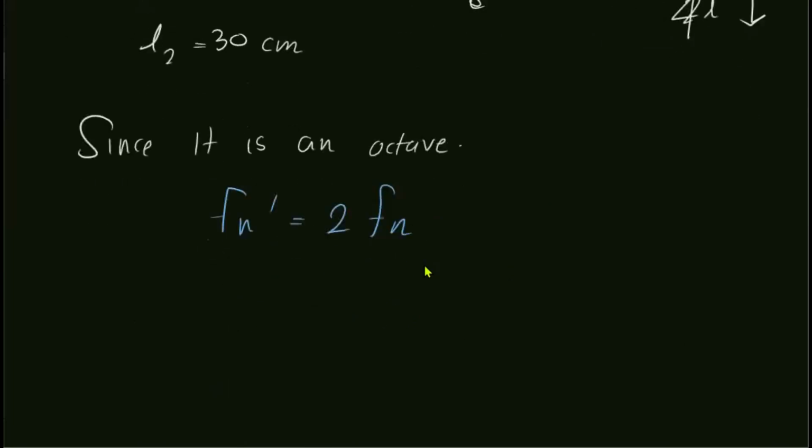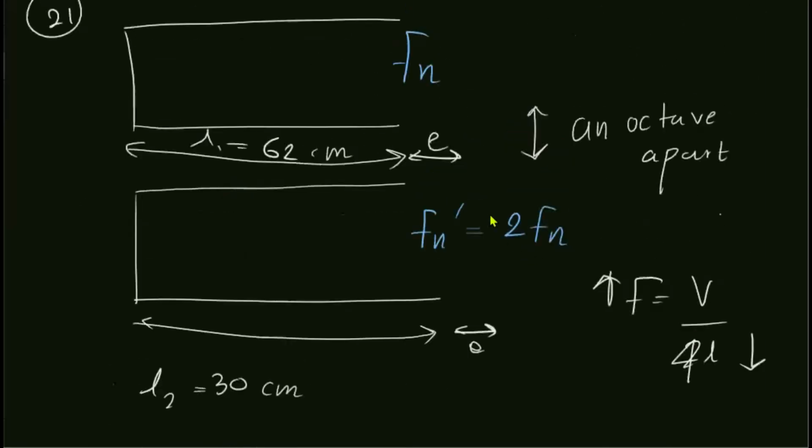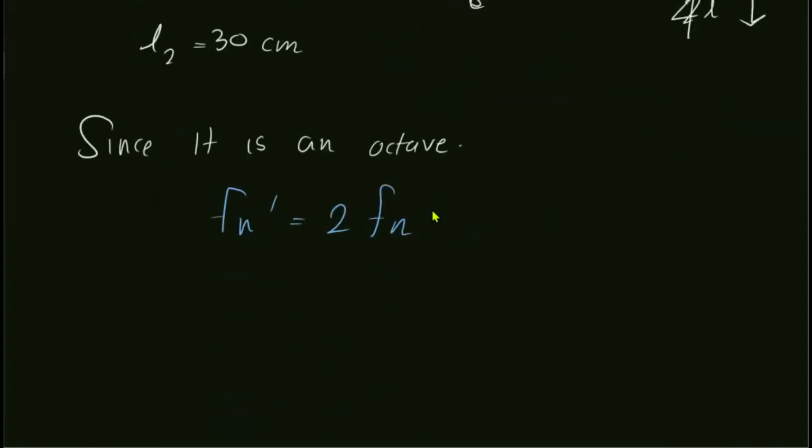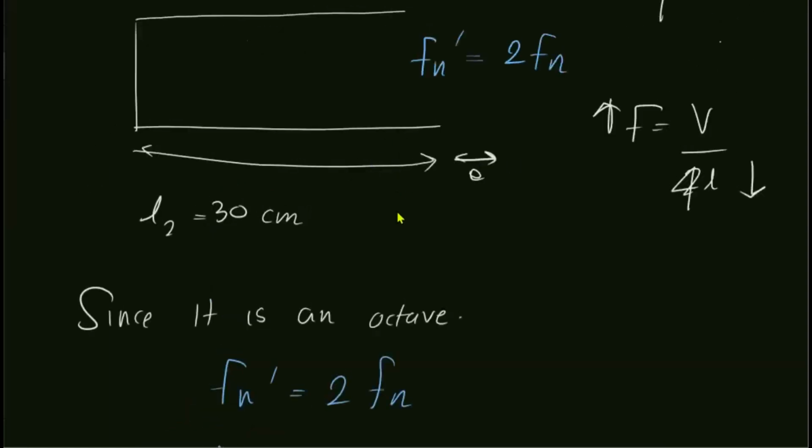Yes. So Fn dash, how do we write Fn dash? Fn dash is going to be V over 4 times (30 plus E), right?